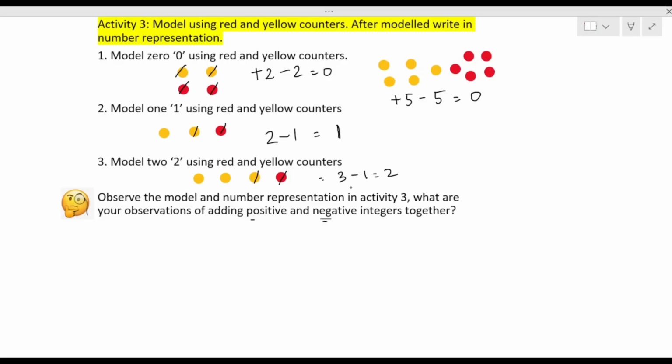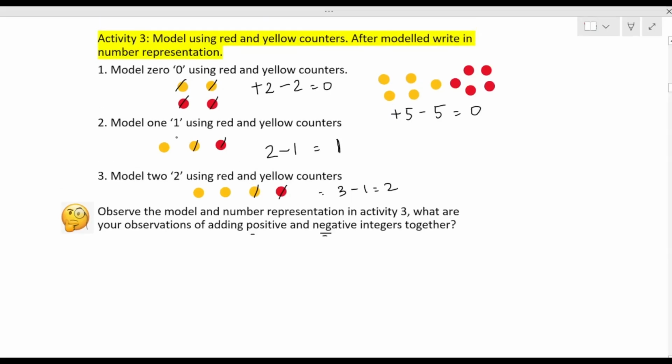So in all these cases, it is the positive value. And one more thing that you can observe here is whenever you want to model 1, you are actually introducing a negative number. So basically, you are putting negative 1 here so that you take away. The takeaway can also be understood as adding a negative integer. Both are a similar representation.